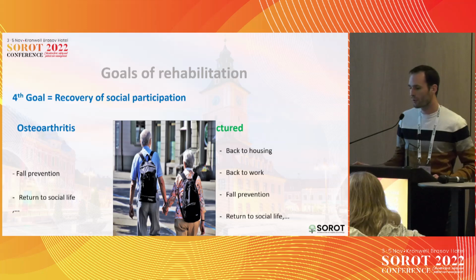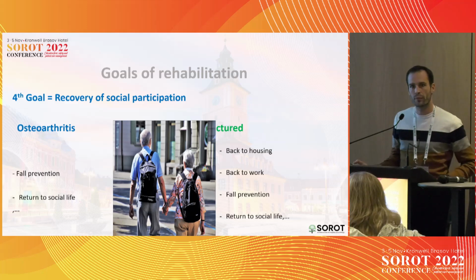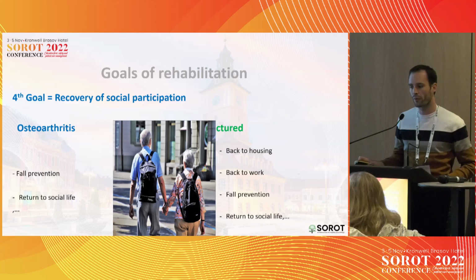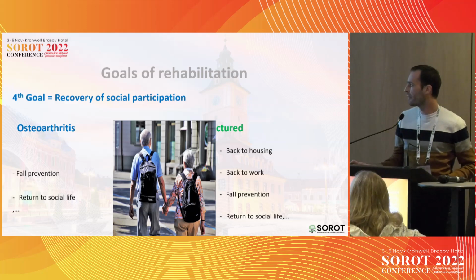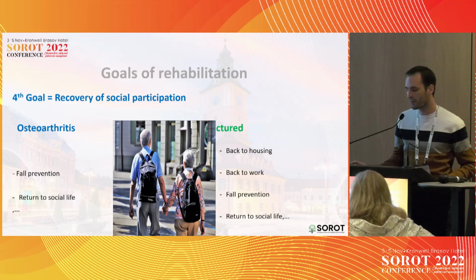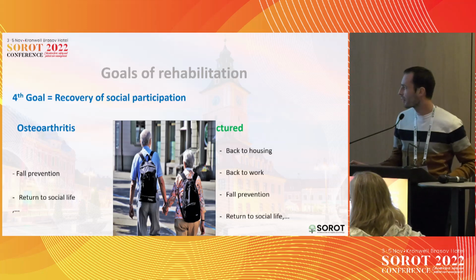When you have a fracture, people can be afraid of going home because they can fall in their house, so they remember the fall. So we need to prevent the fall in their home, and we need to adapt their housing.